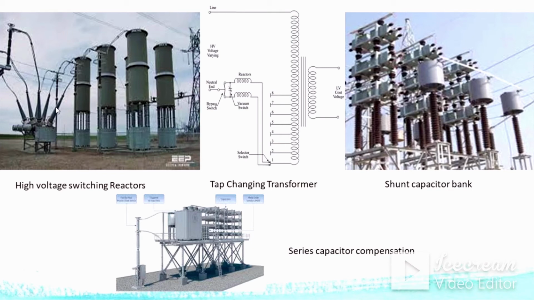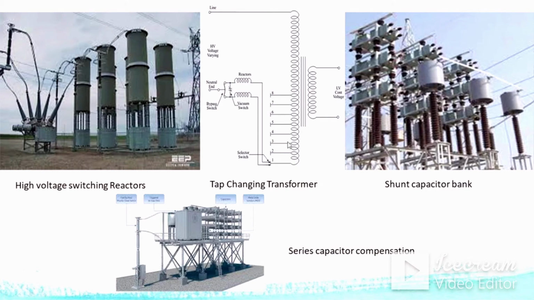Due to that there is an increase in the voltage at that particular end. So in order not to have the Ferranti effect over there, we will deploy the reactors. These are called the switching reactors, since due to the switching this problem occurs. So these reactors are called the high voltage switching reactors.